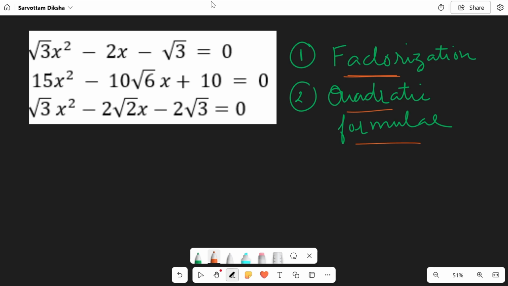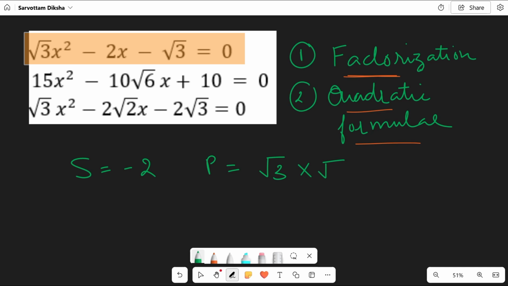Now here, how to factorize when your coefficients are in square roots? I have to see first what your sum is. Your sum should be minus 2 and your product, I have to find two numbers whose sum is minus 2 and product is root 3 into root 3. When I multiply root 3 and minus root 3, I suggest you take the minus separately, it will help you.